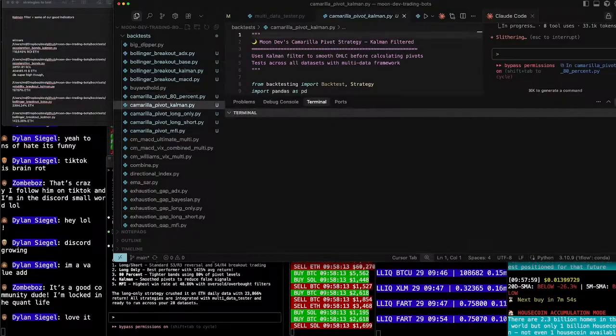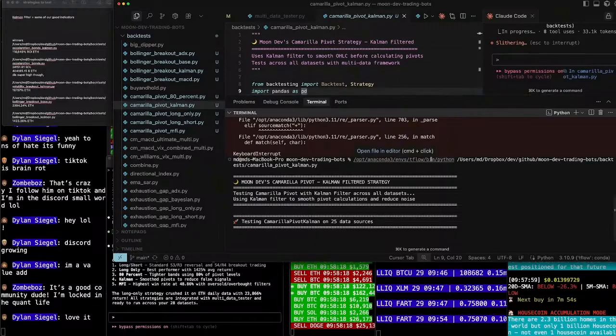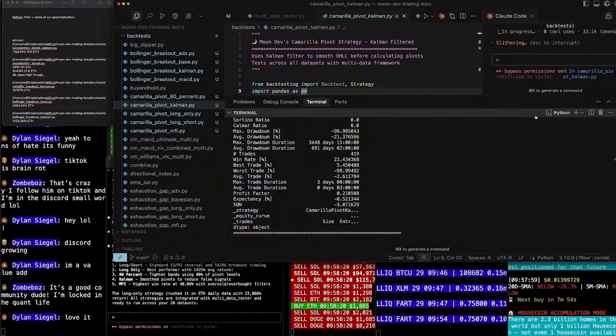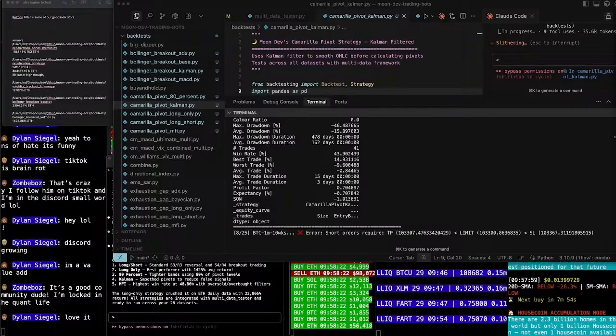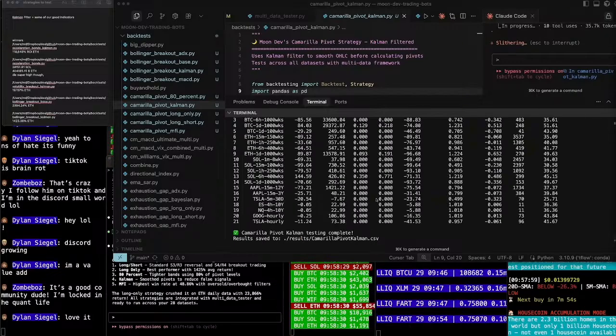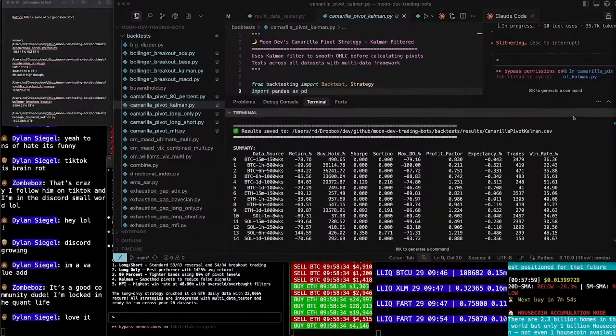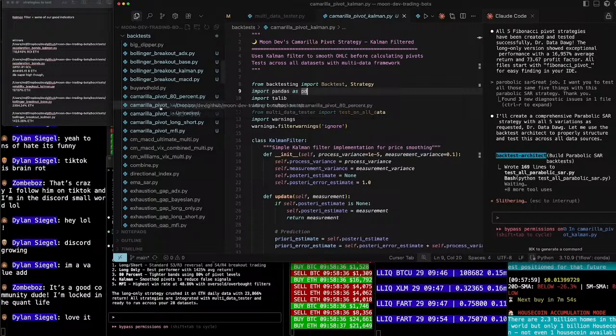Camarilla idea, no bueno so far. Oh, we got an error, but I think that was prior. Okay, 144. Nah, not too good. Long only should be interesting.